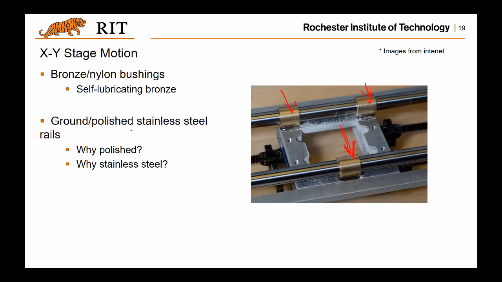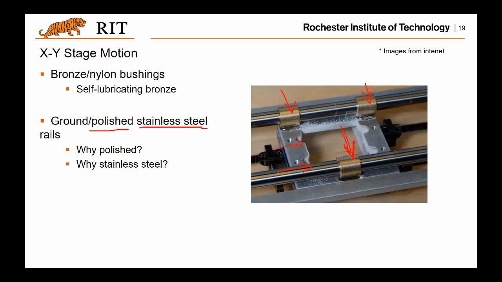Also, you want to always polish this rail made of steel, because if there is some dirt or other stain on this steel, there will be a large friction produced when this moves along the rail.